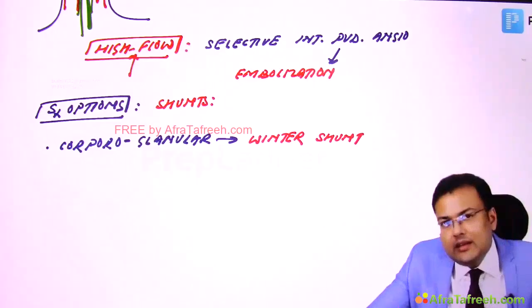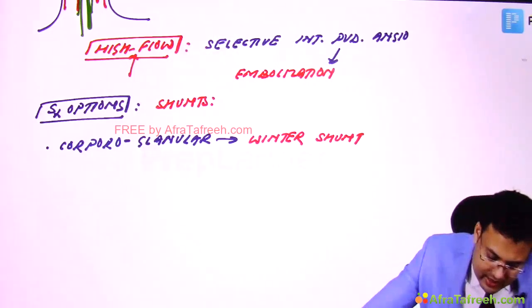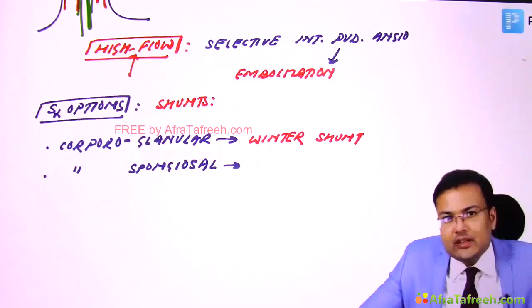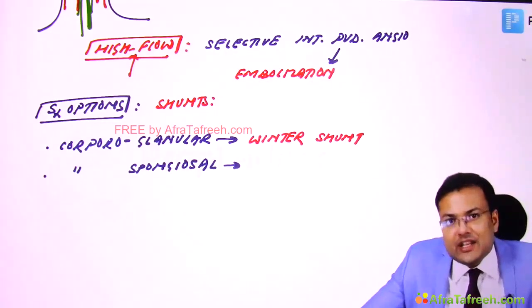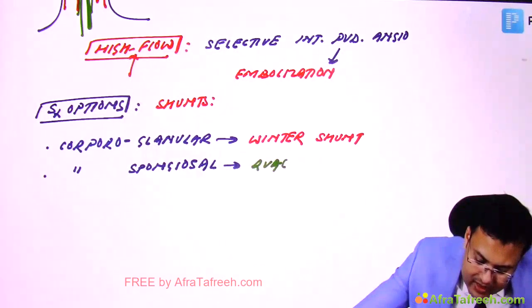Okay. Then between corpora cavernosum and spongiosum we can create the shunt, and that's known as corporospongiosal shunt, and the name is Quackel or Sacher shunt.